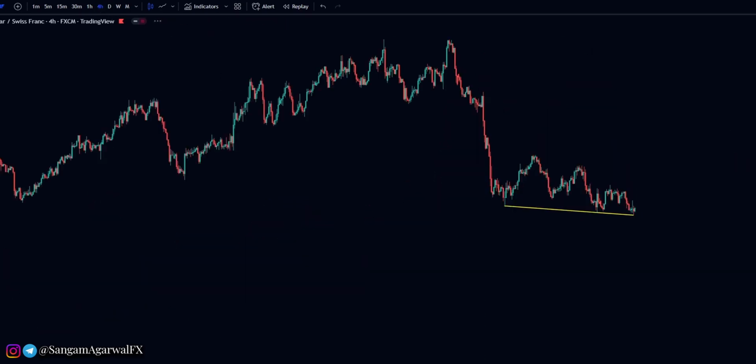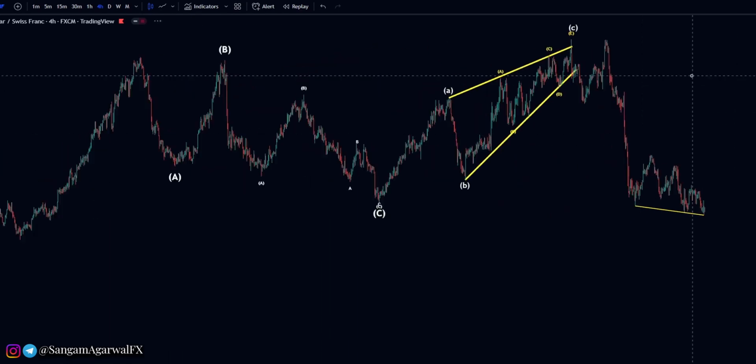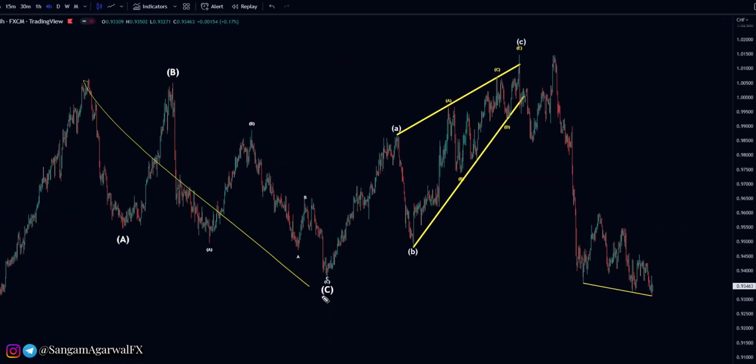This support level and this yellow trend line are both broken. If we see the H4 time frame, then this was your wave count, and the trend ended with an ending diagonal chart pattern, and before that it made a double top, and you can see aggressive selling on this pair.